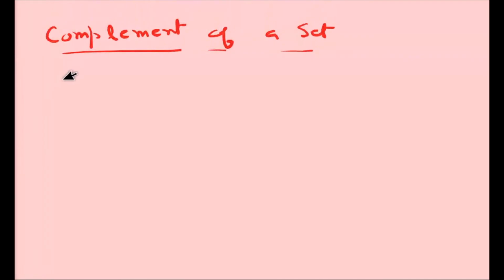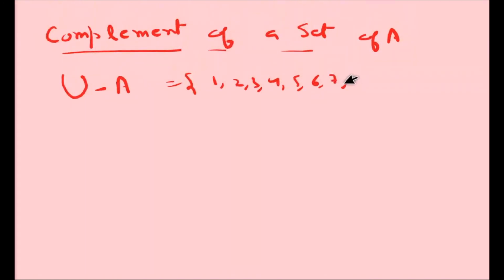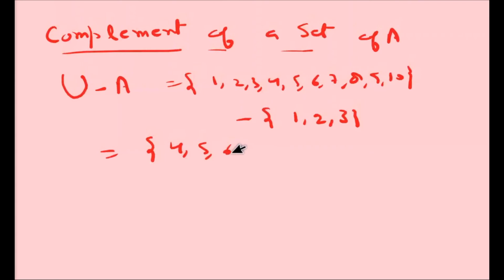Now if we take the difference from U, let's say set A. We know that U is 1, 2, 3, 4, 5, 6, 7, 8, 9, 10 in the previous example, and A is 1, 2, 3. What is the difference U minus A? That is everything except 1, 2, 3, so we write the answer here: 4, 5, 6, 7, 8, 9, 10.